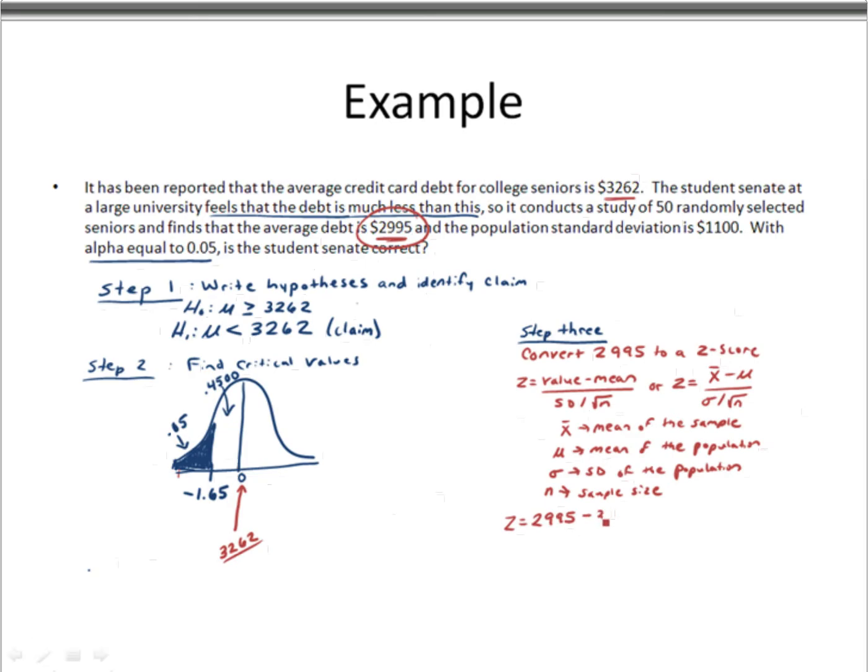The 32.62 is the expected mean. Okay, that's average credit card debt for all college seniors. They tell me the population standard deviation, so I'm good. I've got exactly what I want for the sigma. And my sample size is 50.